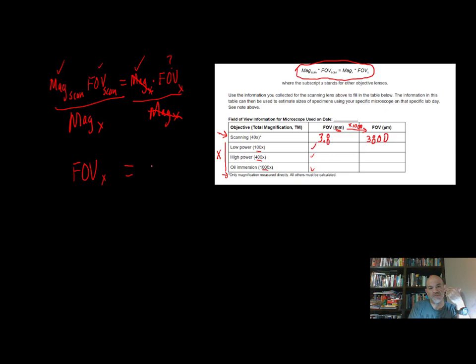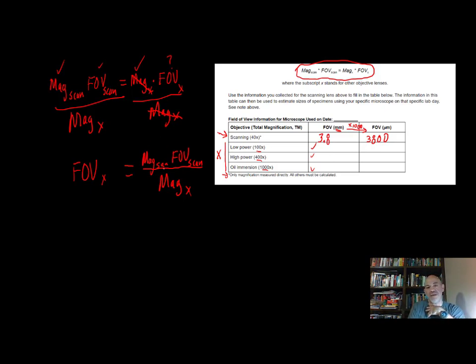It's the same equation. So what this equation tells me is I'm going to take the magnification and the field of view for scanning, and I'm going to multiply those two. And I'm always going to do that. It's always going to be scanning on top here. And then I'm going to divide by the new magnifications. Now, because you're not using a different microscope, the top part of this equation never changes.